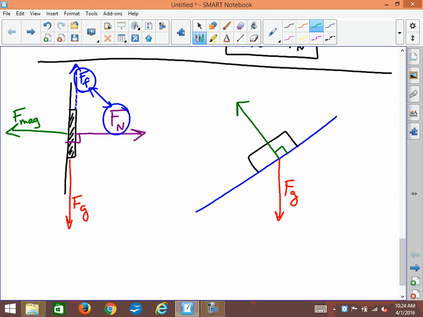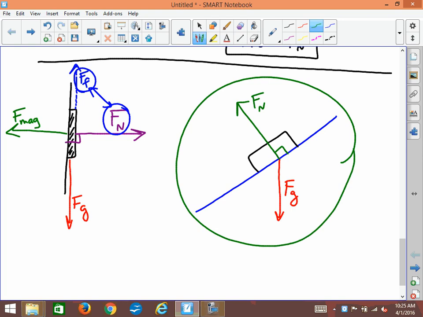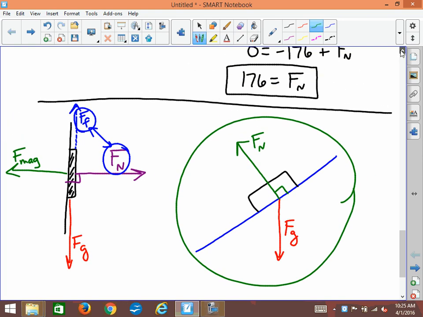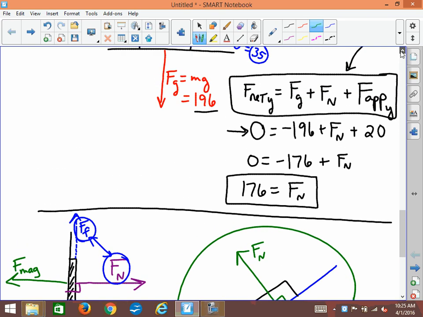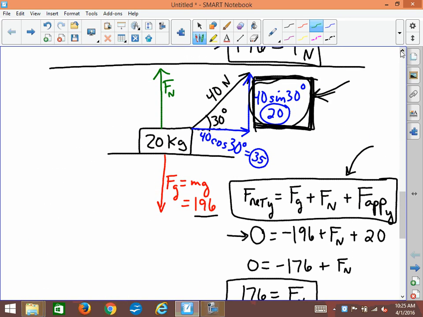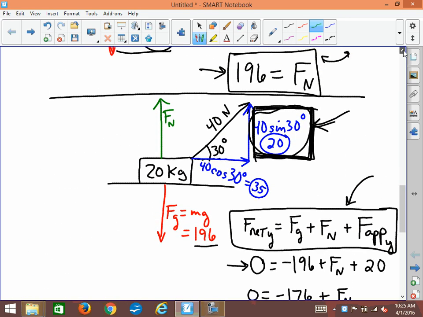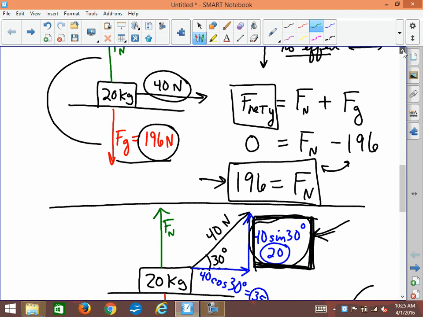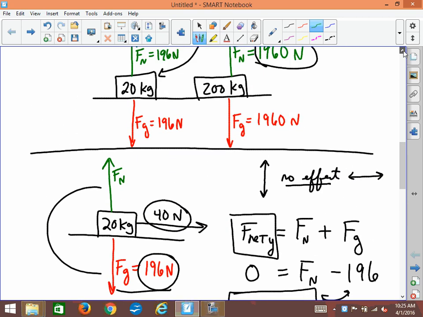But you'll notice now that the normal force is not totally horizontal, and it's not totally vertical. So we'll learn how to deal with this scenario later, after we get the basics down pat. But be aware that normal forces are not always just a little arrow that points straight down and is equal to gravity. That's only the case in a very simple situation like our very first one.